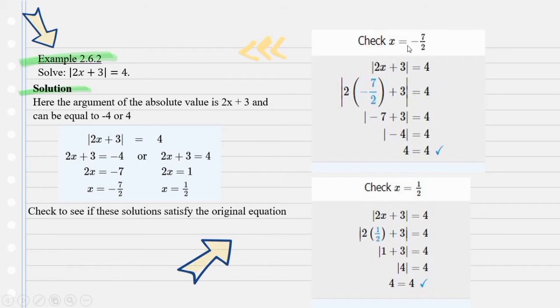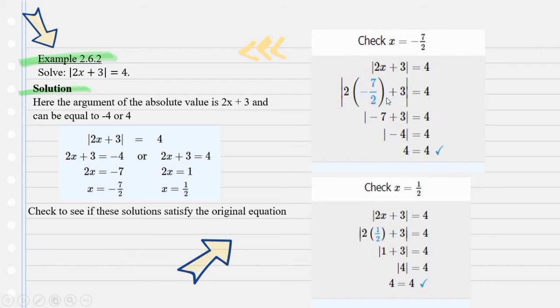Check x equals -7 over 2. You substitute it into x. After that, you calculate 2 times -7 over 2 plus 3.